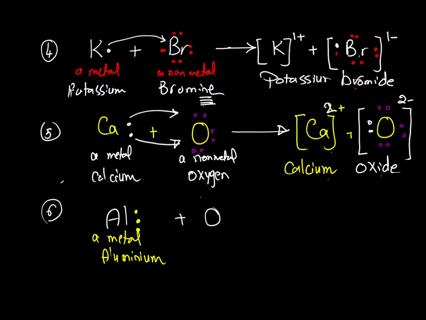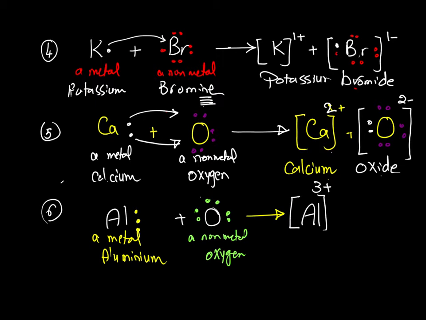Oxygen, on the other hand, is in group 6, a non-metal, and has 6 electrons in its outer shell. In order to make a bond between them, aluminium should lose 3 electrons and make a positive ion. Look at the structure of the ion first and don't worry about the number. We'll rebalance the number later on. It will make an ion with a charge 3 plus, aluminium.